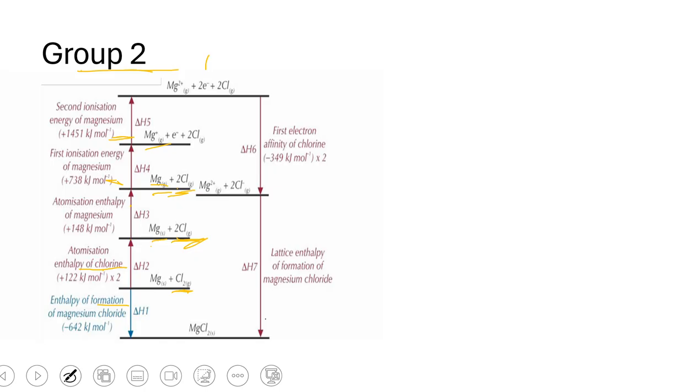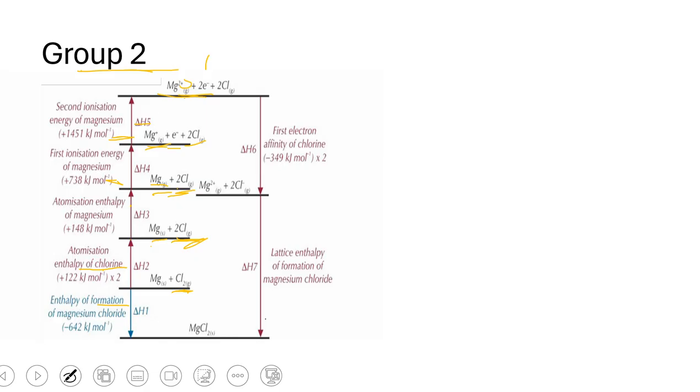And from this line to that line is the second ionization energy of magnesium, since it's going from +1 to +2. The sign is changing and it's in gaseous state. You must take care of that.